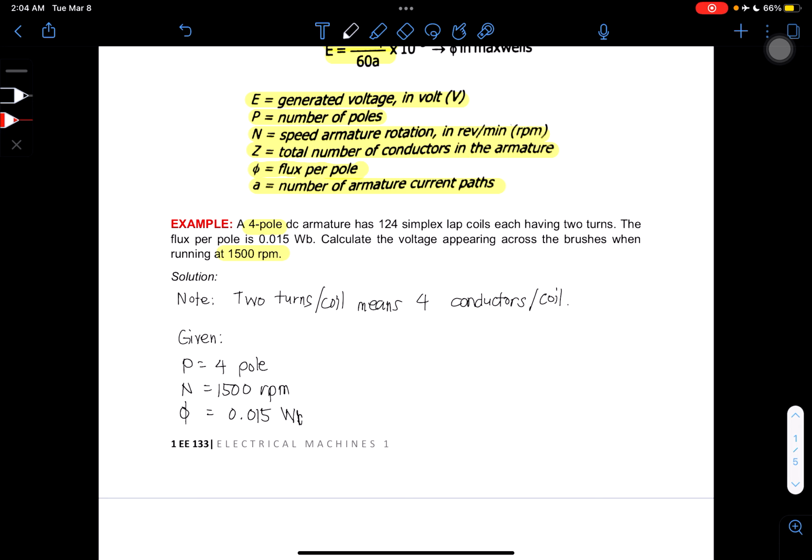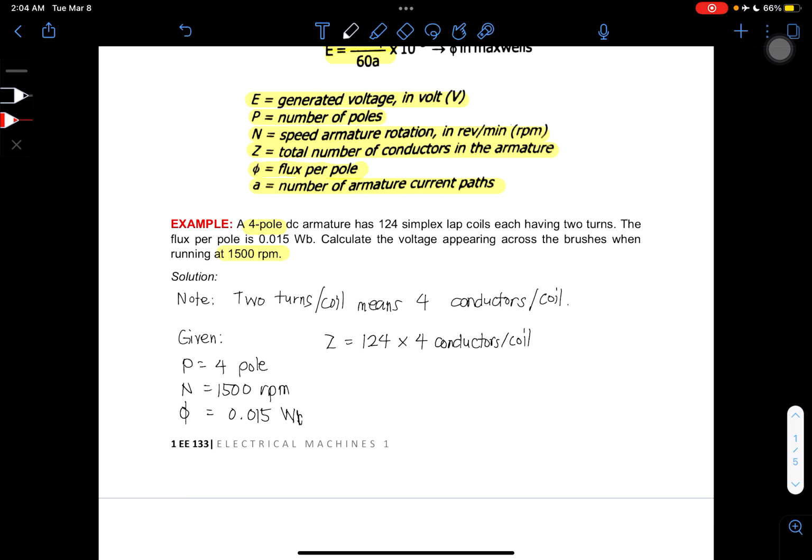And our Z, the problem gives 124, but it says 2 turns per coil, so we need to multiply by 4 conductors per coil.